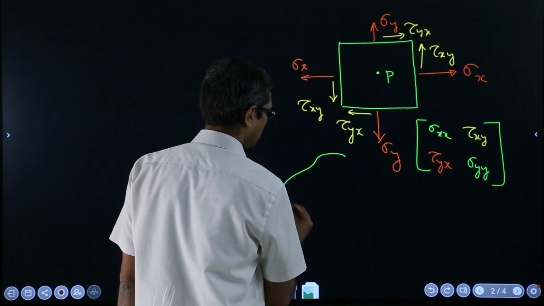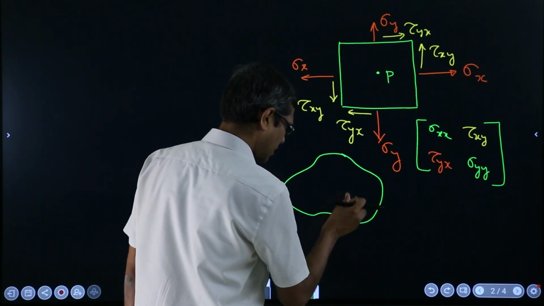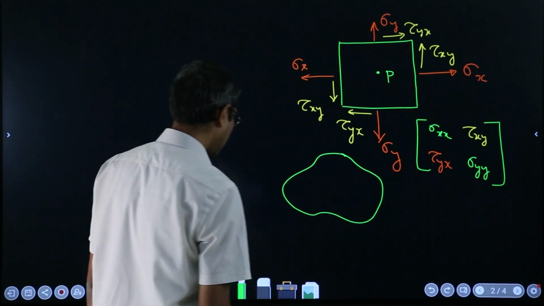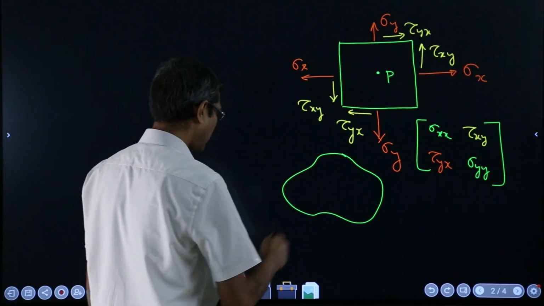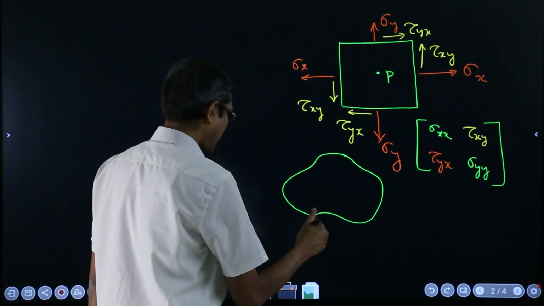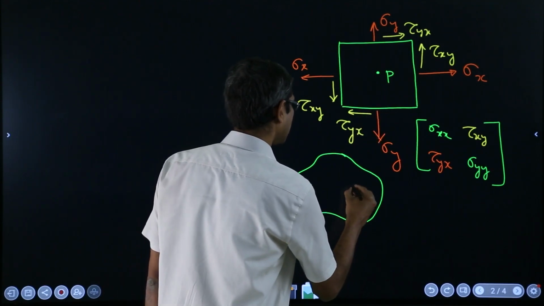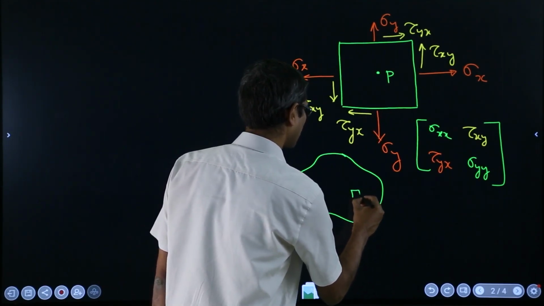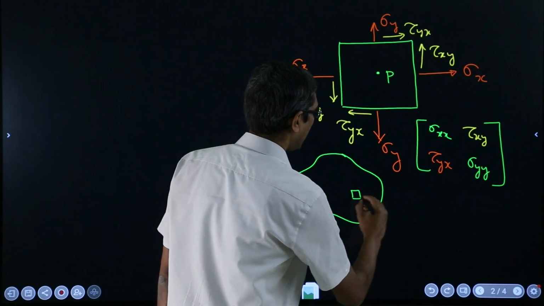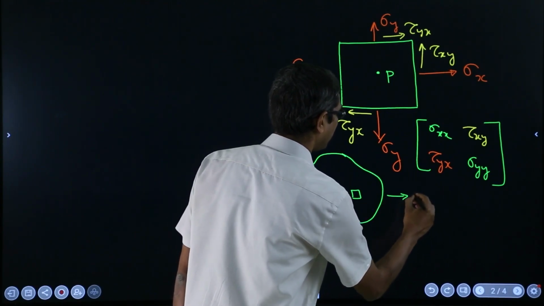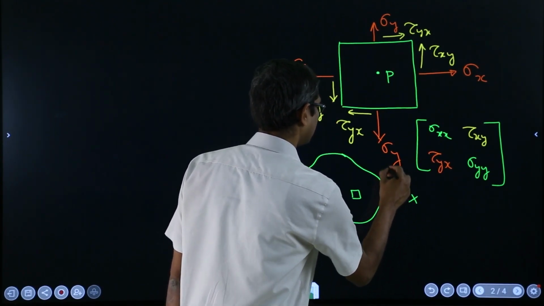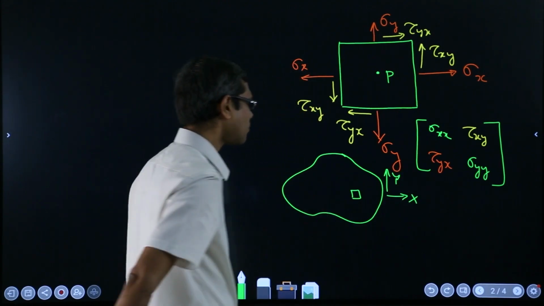Say suppose this is the body which is having a very small thickness into the blackboard, and we have this square sitting somewhere here, and the x axis we have defined as this and the y axis we have defined like this.